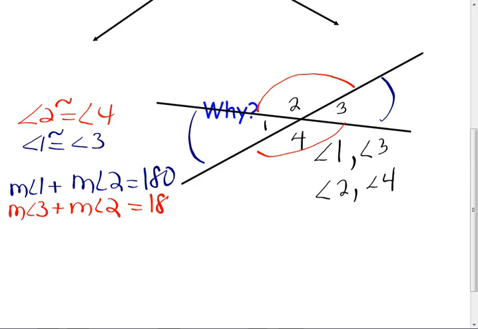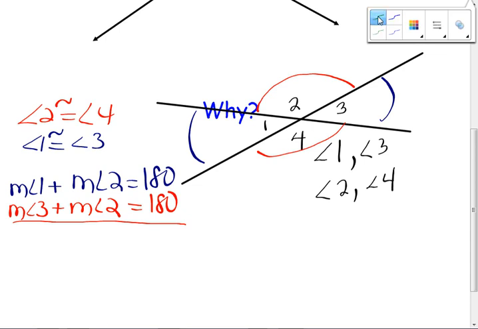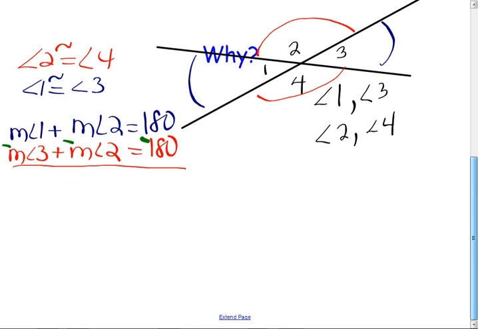Okay. Now what I'm going to do is a little bit of algebra here. I'm going to subtract the bottom equation from the top equation. Well, I don't like to subtract. I'm going to opposite this, opposite that, and then add. If I add them, I get measure of angle 1 minus measure of angle 3.